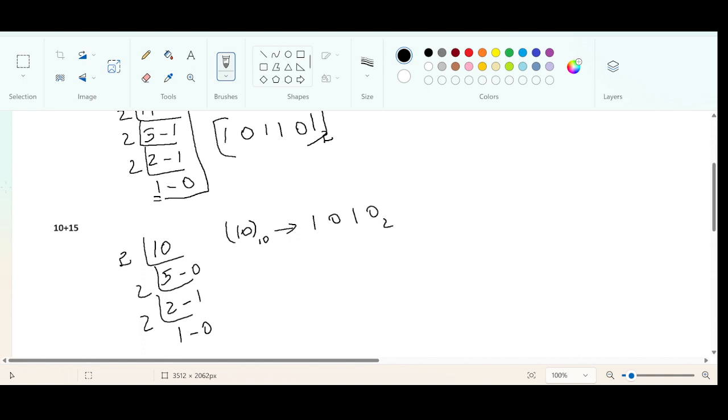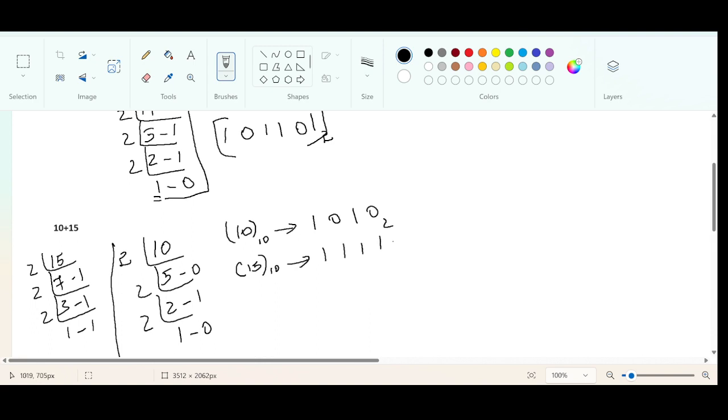Secondly, 15 needs a conversion. 7 times 2 is 14, so remainder is 1. 3 times 2 is 6, remainder is 1. 1 times 2 is 2, remainder is 1. So the binary representation of 15 is 1 1 1 1.